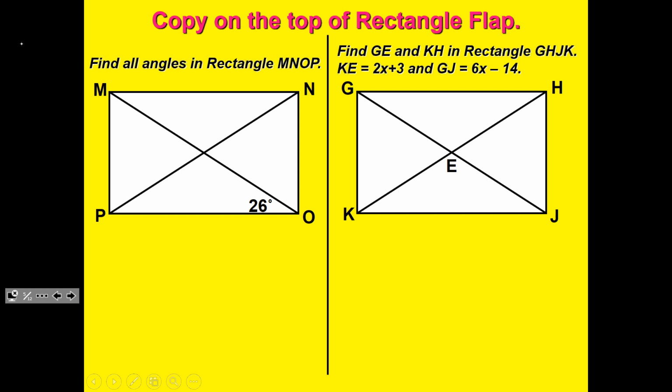All right. So there's only the one slide. This part you're going to copy up on the top portion of your rectangle flap, the part that's folded up. It says that they want you to find all of the angles in rectangle MNOP.